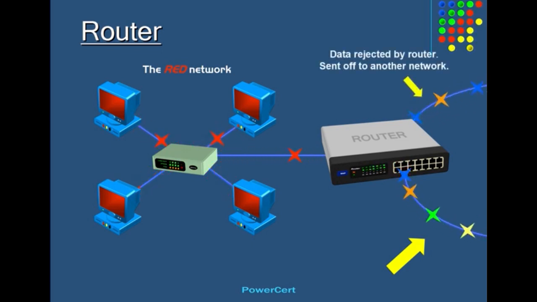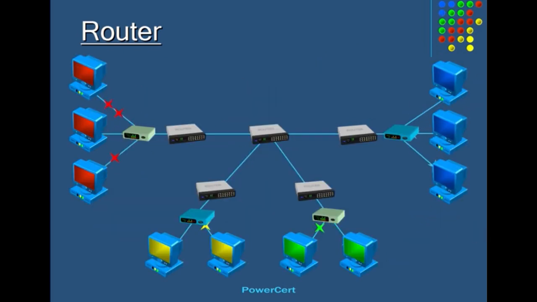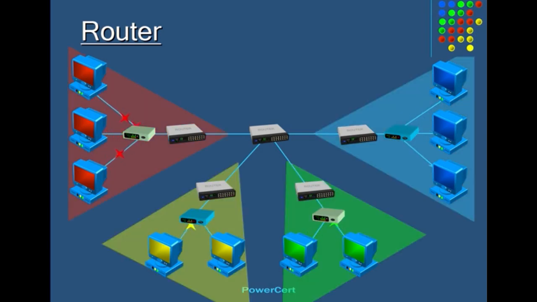Now the router is only going to accept the red data packets because they are the only ones that are intended for this network. So all the other data packets, the yellow, blue, green, etc., will be rejected by this router because their IP addresses were not meant for this network.